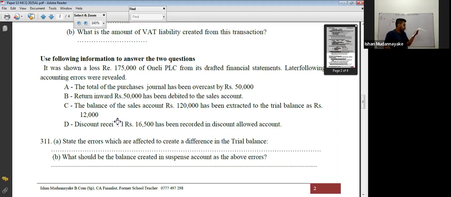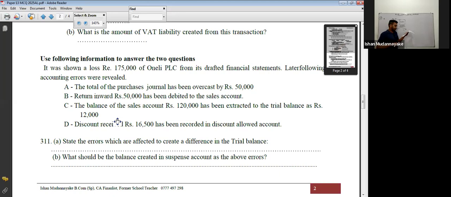D. Discount received 16,500 has been recorded in discount allowed account. Has been recorded means definitely they have debited the discount allowed account. Discount received account should be credited, but here the question says it was recorded in discount allowed account, which means they have debited.